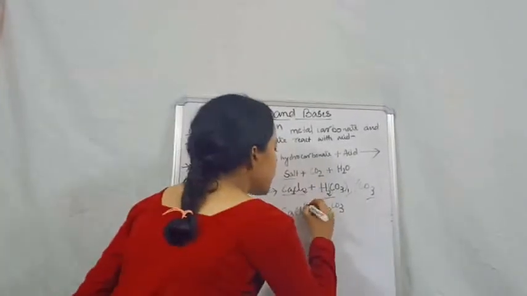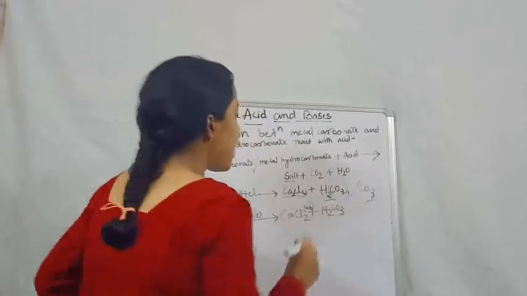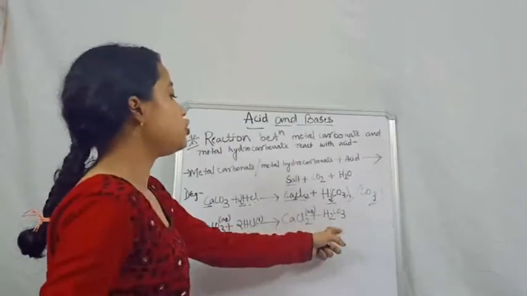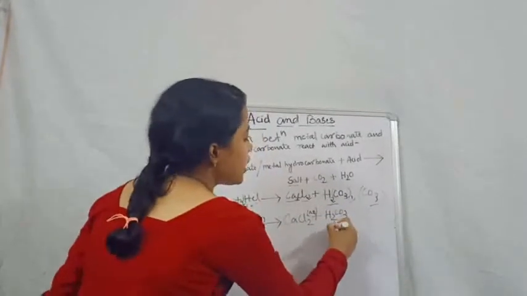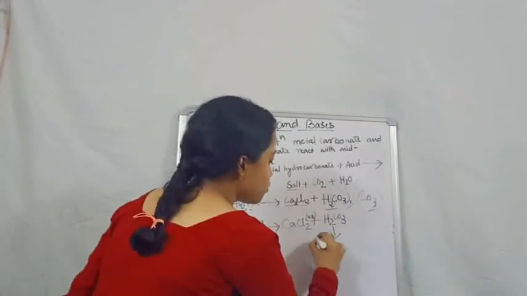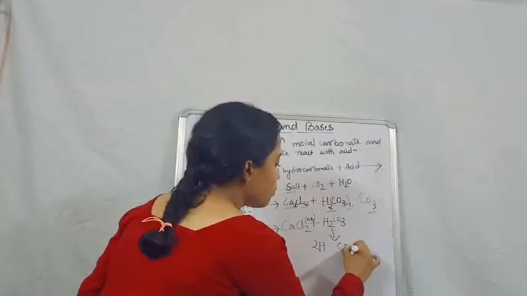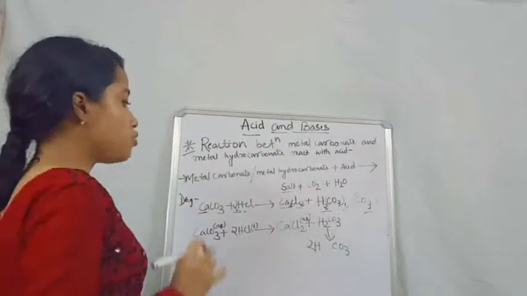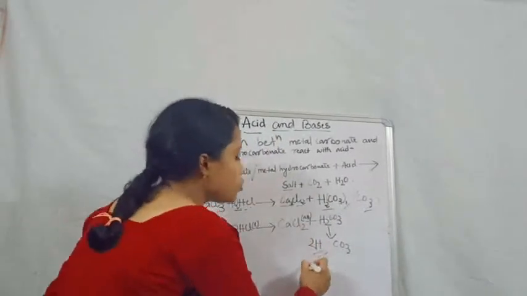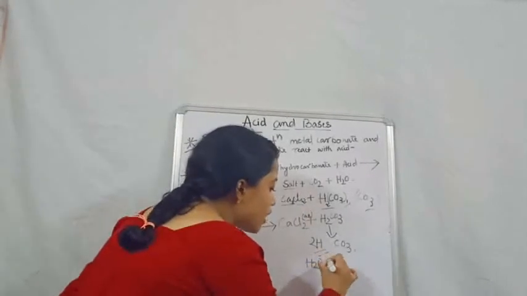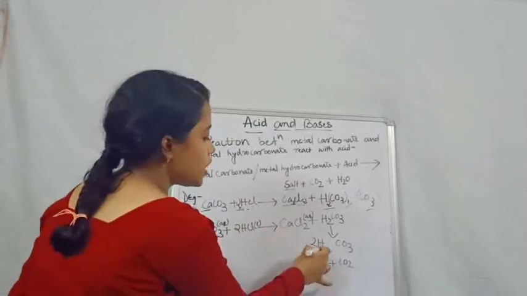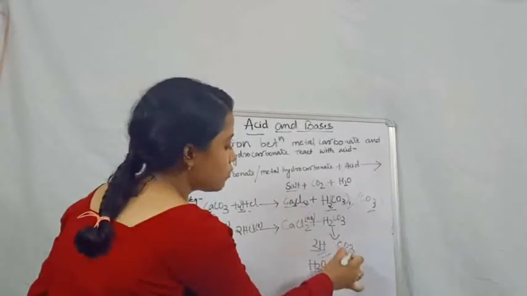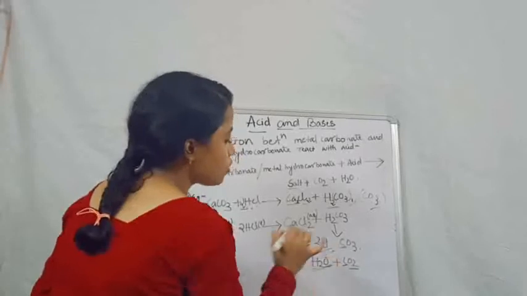Now calcium chloride will be in aqueous condition, and next H2CO3. H2CO3 just breaks into 2 hydrogen and 1 carbonate. So what happens? If we write it as water plus carbon dioxide, what do we get? 2 hydrogen, carbon 1 and oxygen 2, and oxygen 1.